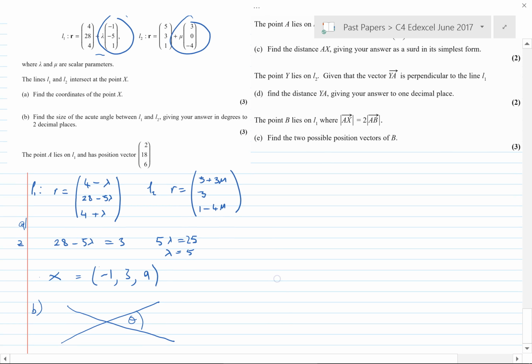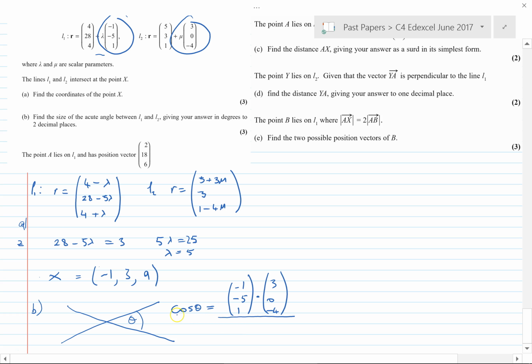So the angle in between, cos theta, is equal to the two things dotted. So that's (-1, -5, 1) dotted with (3, 0, -4), all over the magnitudes of the ones.